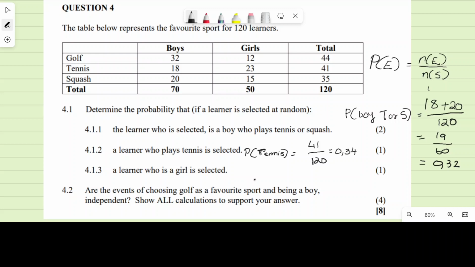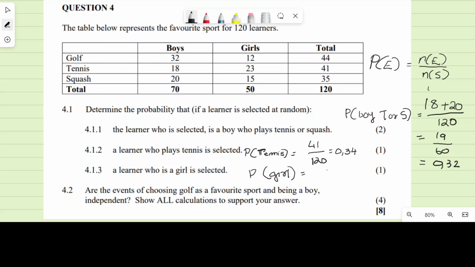Now 4.1.3, a learner who is a girl is selected. Determine the probability that a learner who is a girl is selected. So we are finding the probability of a girl. Check how many girls there are.